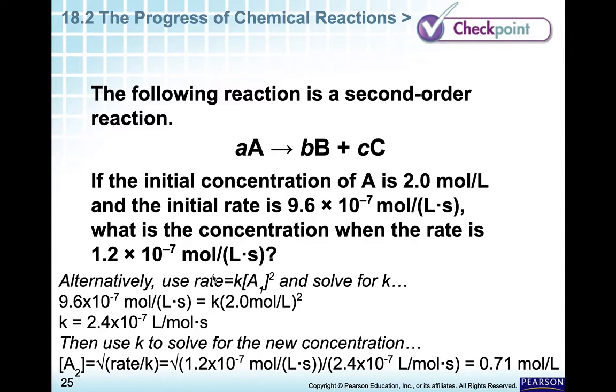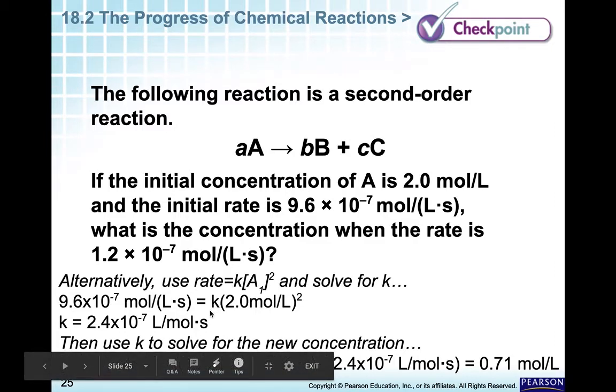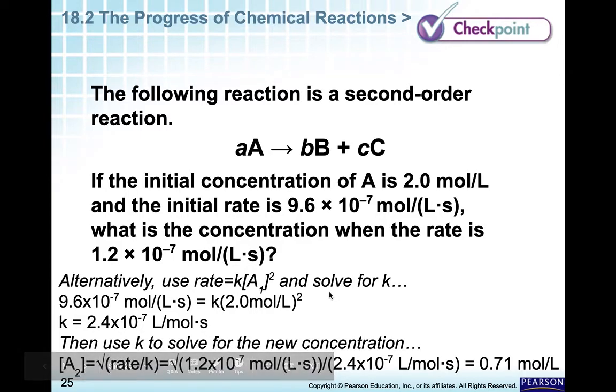So we'd plug our numbers for the first trial in, solve for k, and then use that k, plug it back into the rate law, the same rate law, rate equals k times the concentration of A squared, this time knowing rate, knowing k, and solving for the concentration of A. Either way, we get the same number.